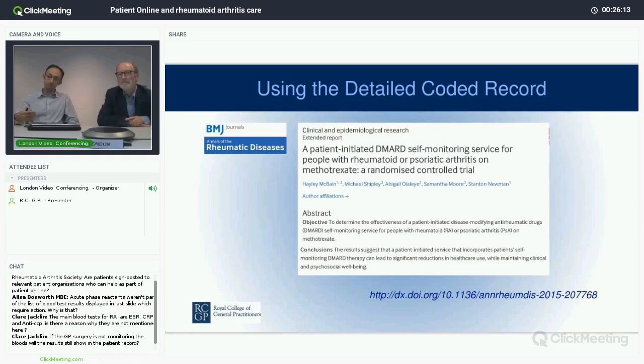The interesting thing about this study was that outcomes weren't worse. They were the same as if the rheumatology team were contacting the patient with regards to blood tests. And actually the number of contacts with both the secondary care team and the primary care team decreased without any consequential decrease in outcome in terms of number of flares, their scores, their reviews, etc. That's another reason that we promote it.